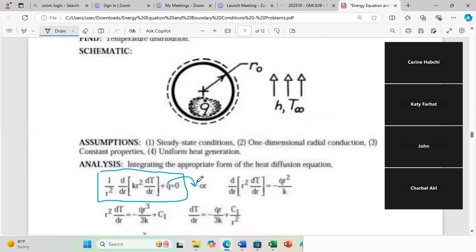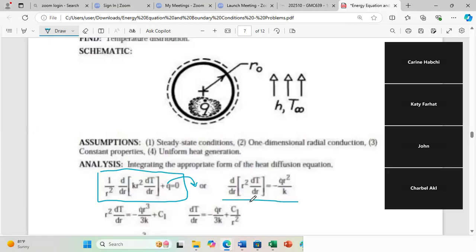And then once we take it to the other side, we multiply it by R square. And since K is constant, we can take it outside of the derivative. So we end up with a derivative with respect to R of R squared dT by dR equals minus Q dot R square over K. Now we are ready to perform the first integration.